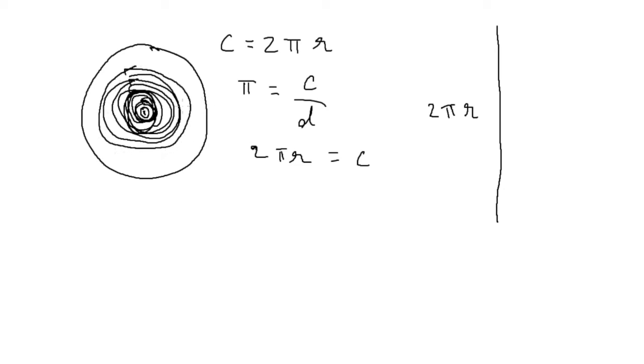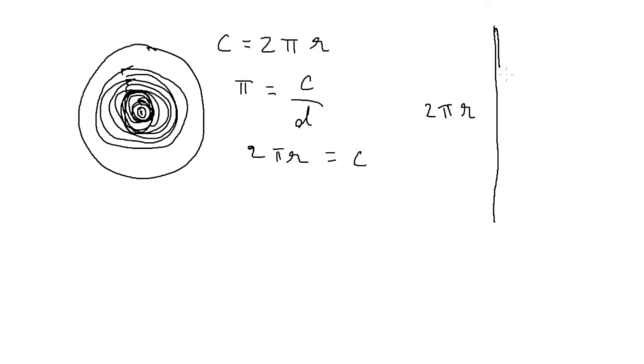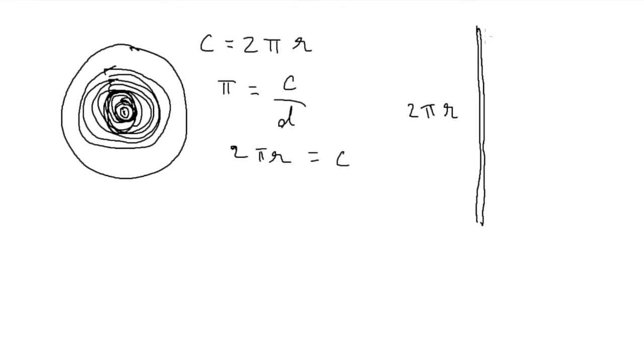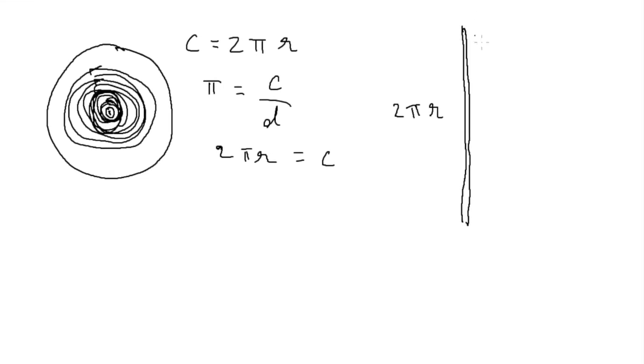Right? Now imagine we open up each one of these rings similar to how we opened up the circumference, and we place them in a line right next to it. Since there are infinite of these rings and they are infinitely thin, they're going to be something like this, right? The one right next to the circumference is going to be slightly shorter, ever so slightly.